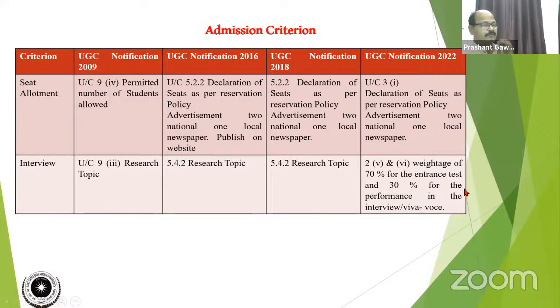But in 2022, they incorporated the declaration of seats as per the score, where the weightage is 70% for the entrance test and 30% for performance in the interview.